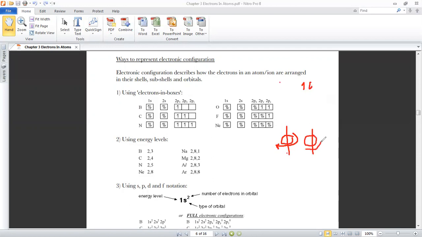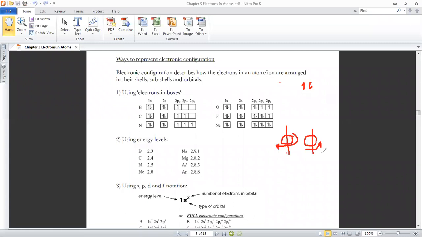That is the Pauli rule, that no two electrons can have the same spin in an orbital. So in an orbital two electrons can be present, and if two electrons are present, one of them has clockwise and the other has anti-clockwise spin.